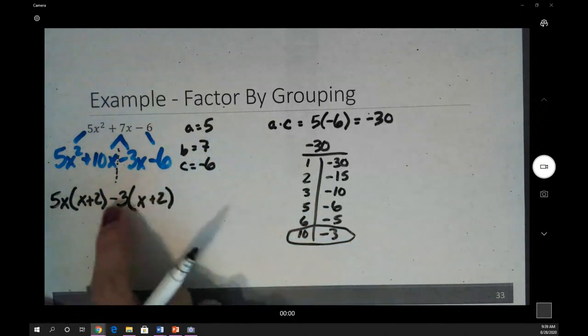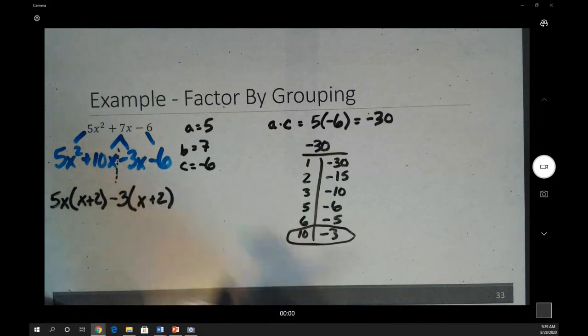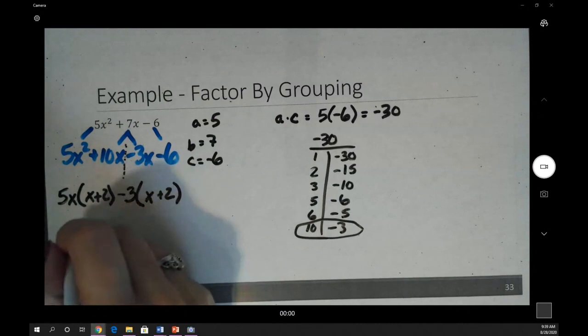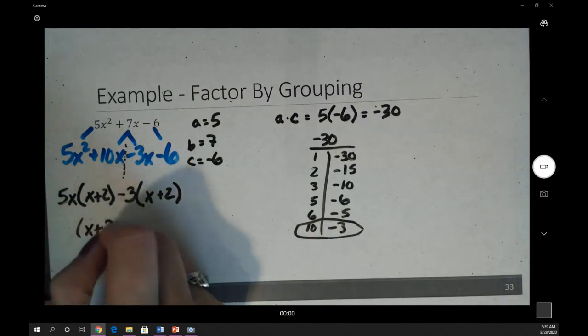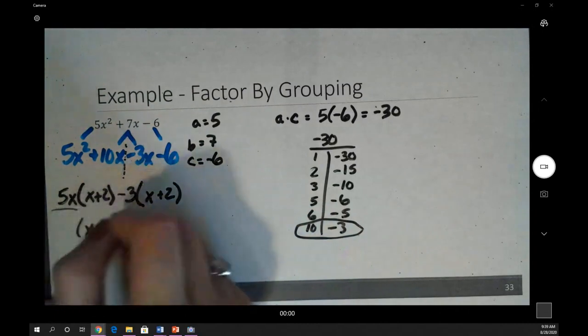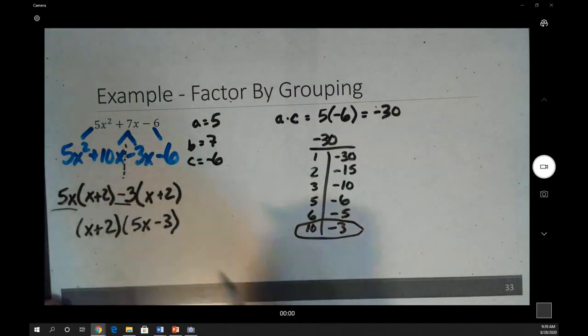It's going to be plus because remember we factored out that negative. If we factor out the negative, we're left with a plus. Now they have the x plus 2's in common. And if I factor out the x plus 2's, what I'm left with is 5x minus 3. And that's our factoring by grouping, which we use when our a value is not equal to 1.